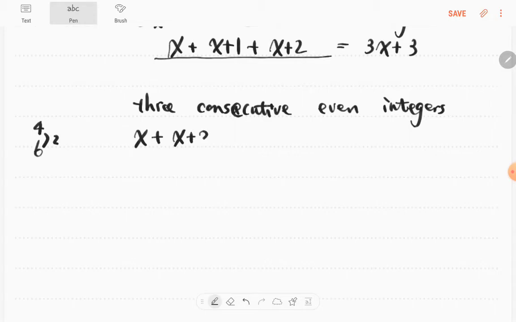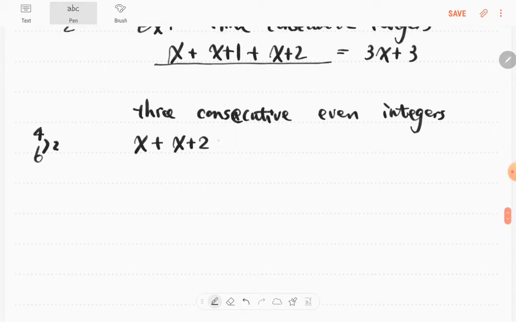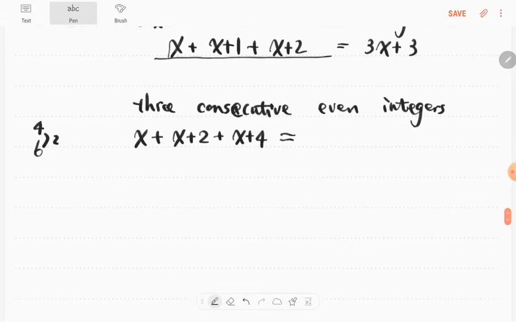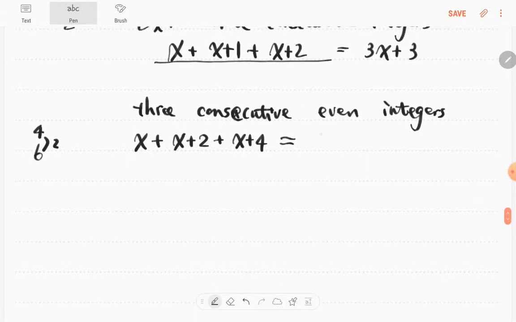So the second consecutive even number will be x plus 2. And the third one will be x plus 2 plus another 2, which is x plus 4. So if we want to get the sum of 3 consecutive even integers, we will get 3x plus 6. Okay? So that's for 2.2.